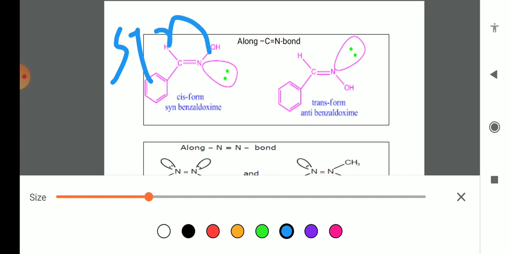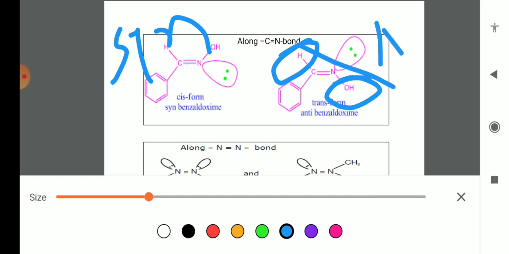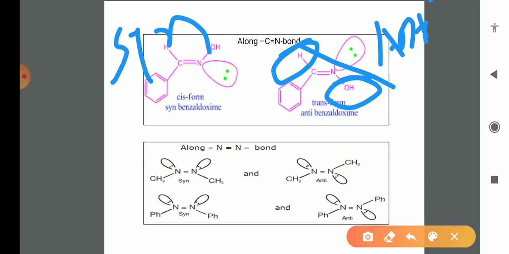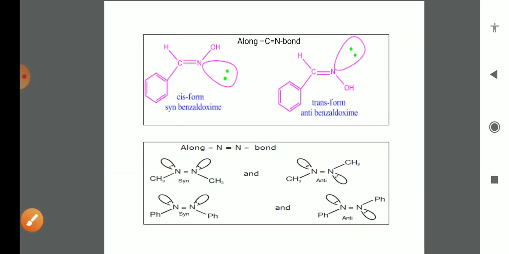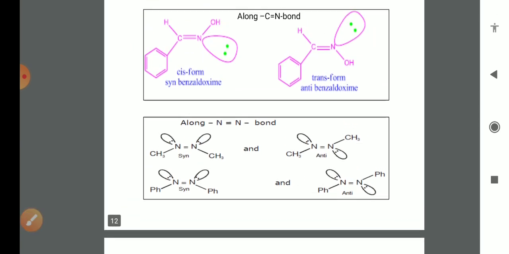Now here the hydrogen and the OH group on the opposite side is called anti. Syn, anti. We can also consider them as cis and trans isomers. Now see the examples. Syn, it is an anti, it is a syn, it is an anti.